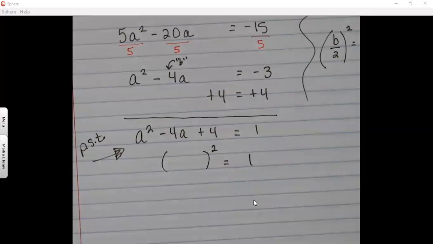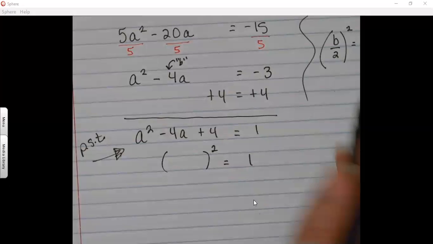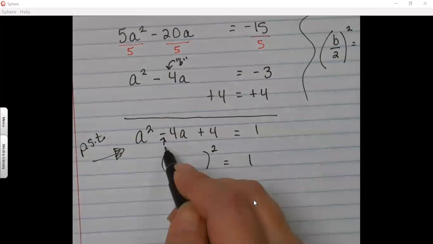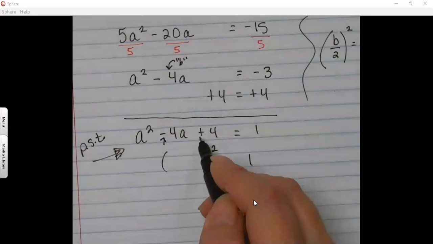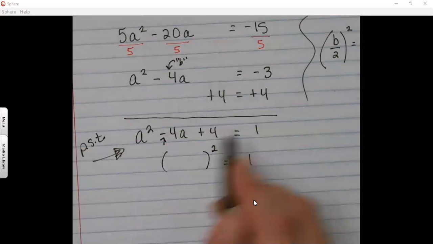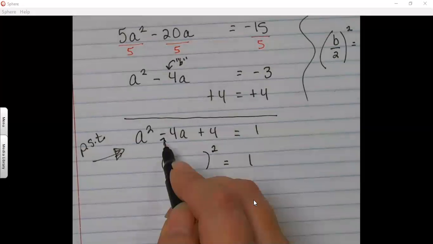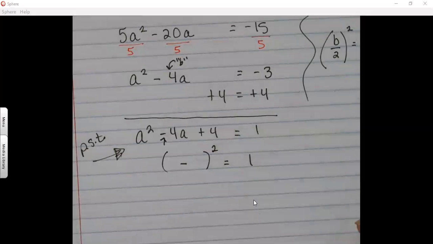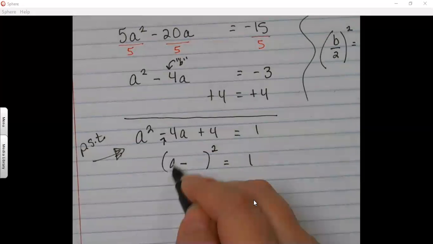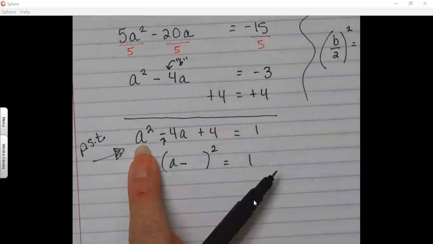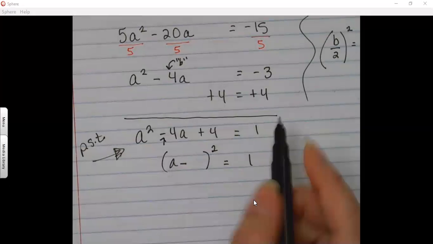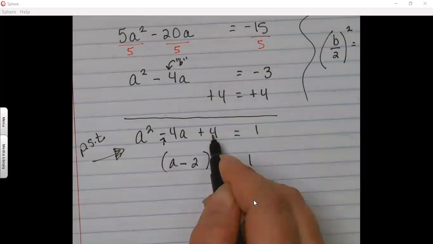Negative. It's always the sign of b, never the sign of c. c is always going to be positive with the perfect square trinomial. What's the first term? a, because it's the square root of the first term. What's the last term? 2, because it's the square root of the last term.